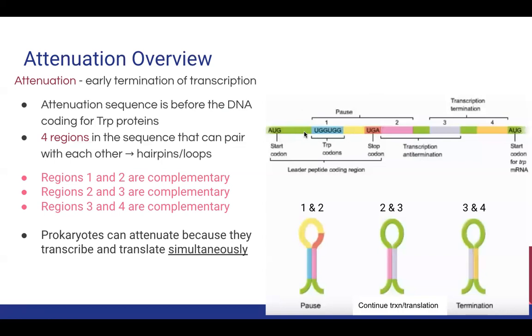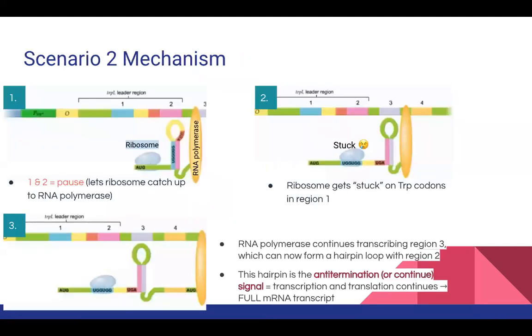It goes along, and it's going to stop there if there isn't enough tryptophan in the cell. If that happens, the ribosome is going to get stuck on region 1, and this is going to allow regions 2 and 3 to hairpin and bind to each other.